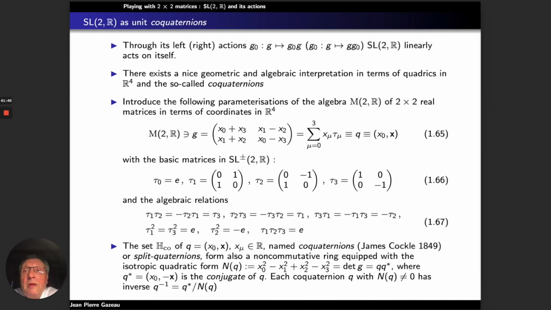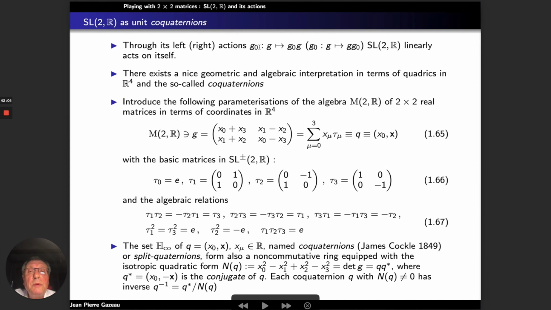SL2R as unit co-quaternions. So, first, we consider the left action of SL2R on itself in this way.